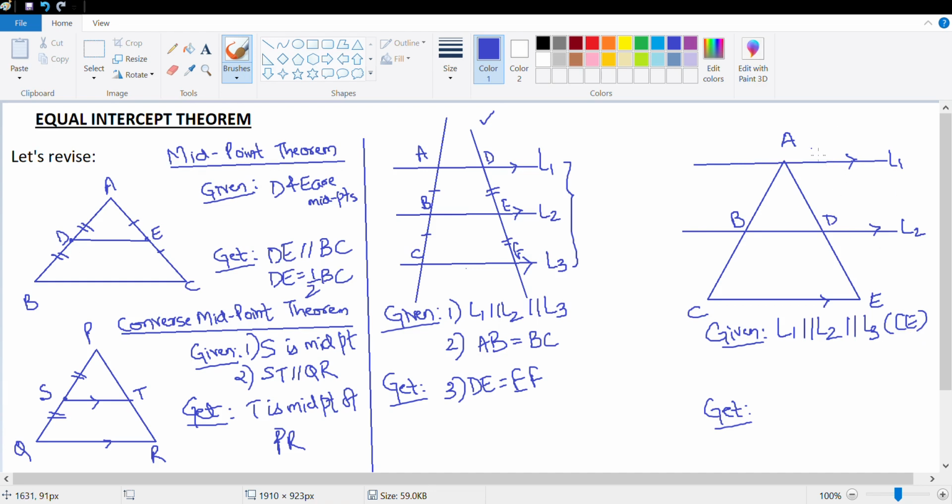In a triangle, exactly the same diagram, but here I am extending these lines CA and FD, and they are intersecting at one place. What is given is L1, L2, L3 are parallel, and AB is equal to BC. So if AB is equal to BC, then what we get is AD will be equal to DE. Exactly the same thing that we did here.